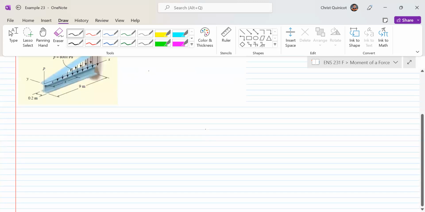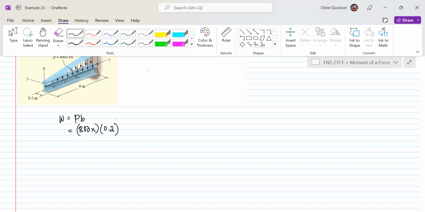So for our distributed load, let us use W. Our W is equal to P times your width. Let us call the width B. So this becomes 800x times our width, which is 0.2 meters.